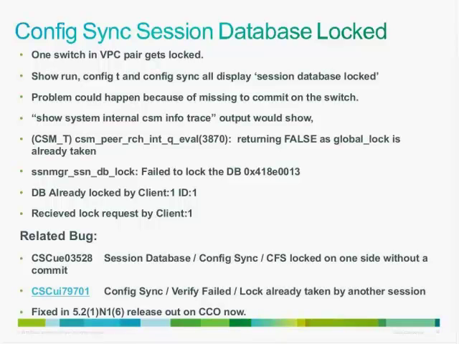So one thing we have done is you can remove the peering for the CFS, and then remove the IPv4 distribute command, which is needed for the config sync, and then try to clear out, and it's best effort. So this is the latest issue we have seen. We have actually fixed it in the 521N16 release, which is out on CCO.